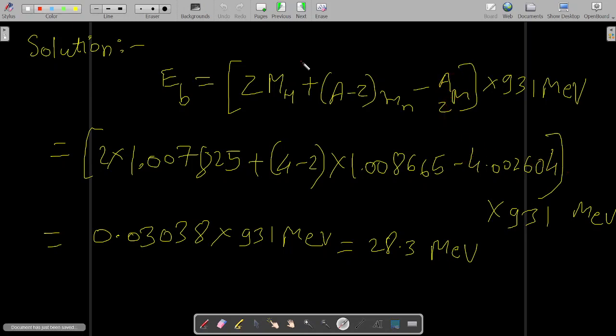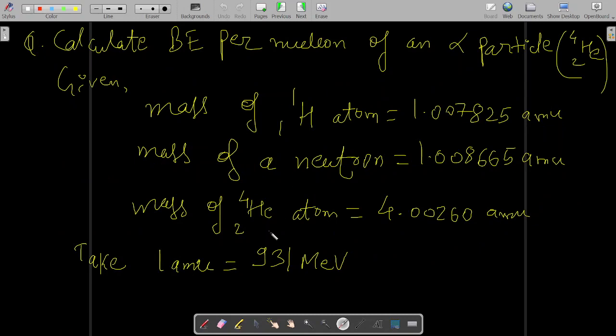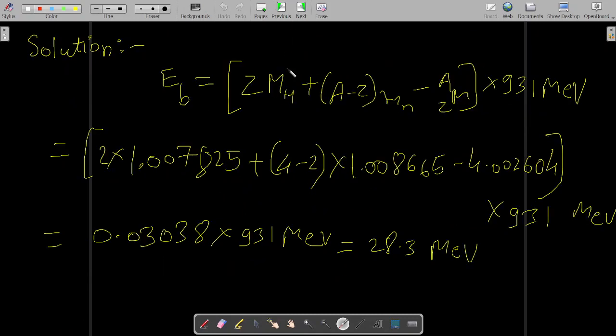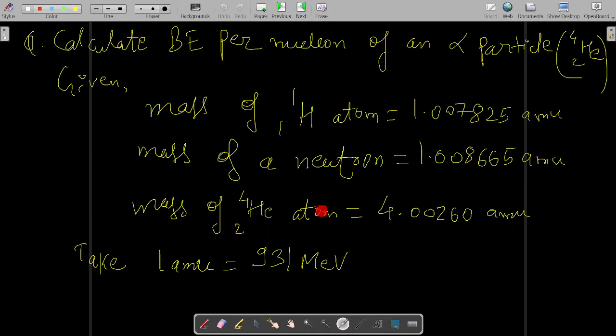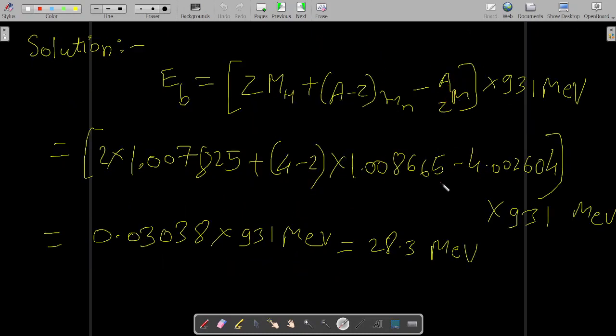The alpha atom basically means the helium atom, because the mass of the atom is given. According to the formula we derived in previous sessions, it is 4.002604. Then 931 mega electron volt will be multiplied. So this is clearly your binding energy.